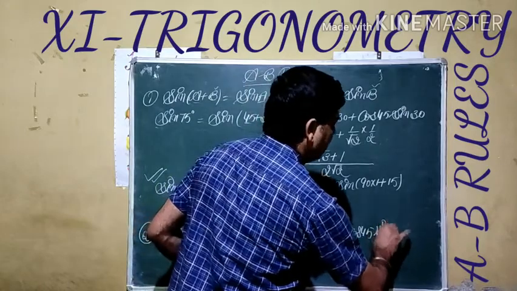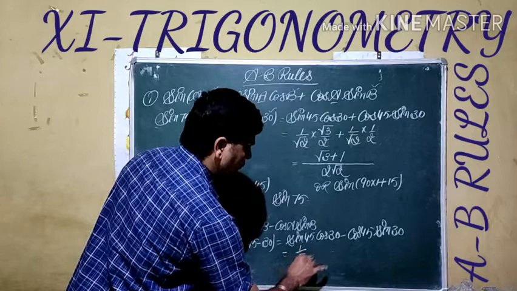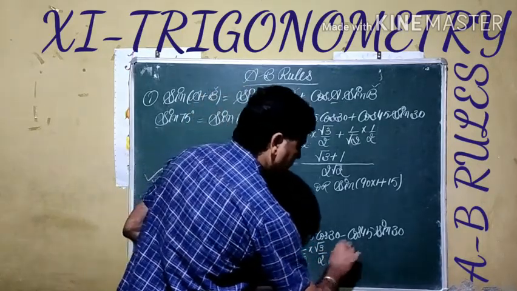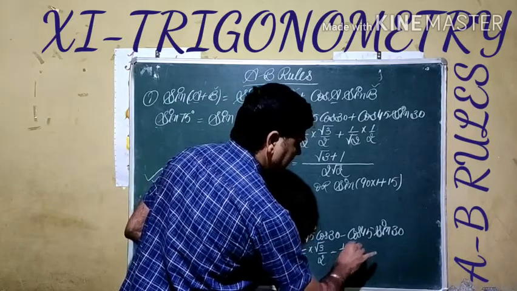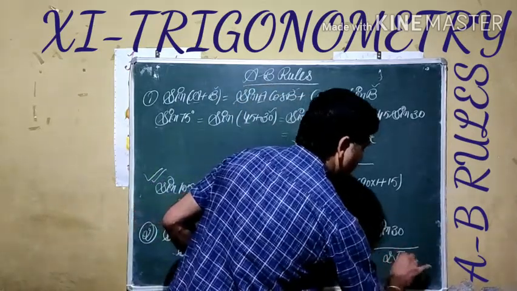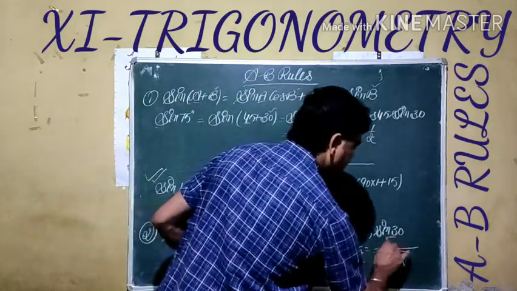Now, using the values from the table, sine 45 is 1 by square root 2, cos 30 is square root 3 by 2, cos 45 is 1 by square root 2, sine 30 is half. If you see the LCM, it comes out 2 square root 2, 2 square root 2, meaning the numerator comes out the same.